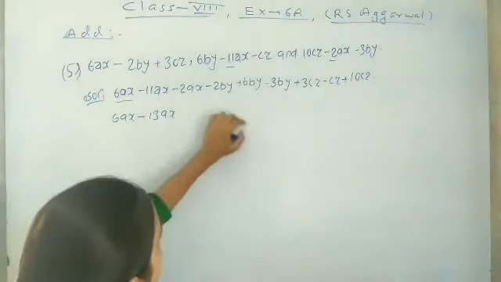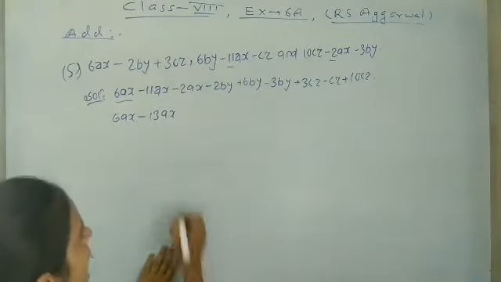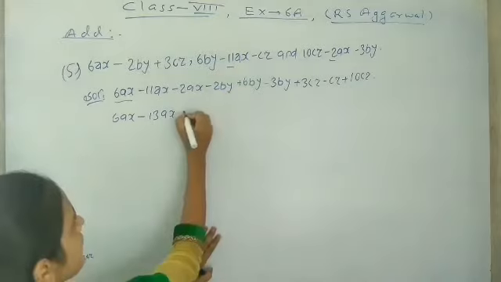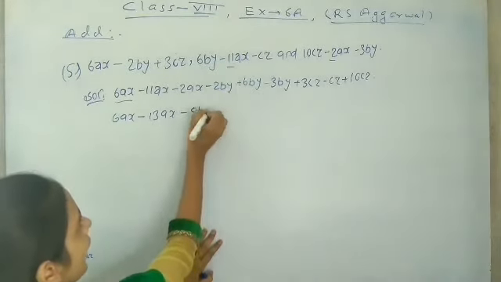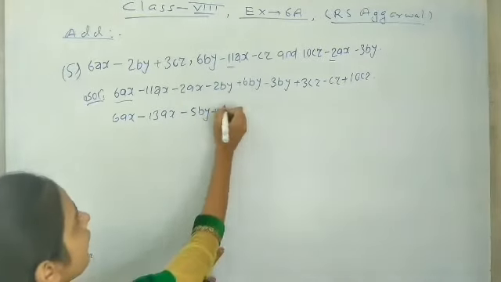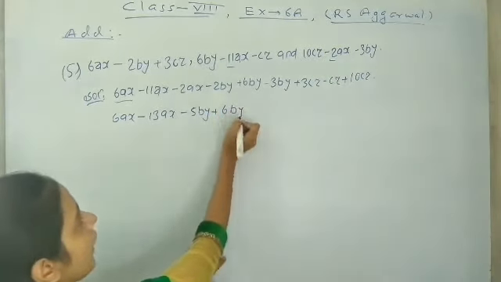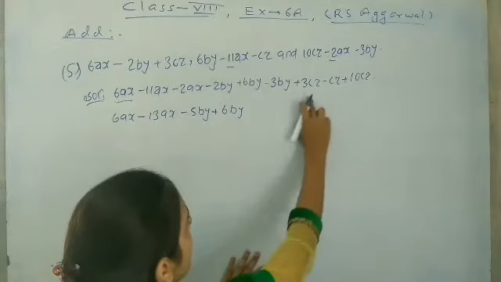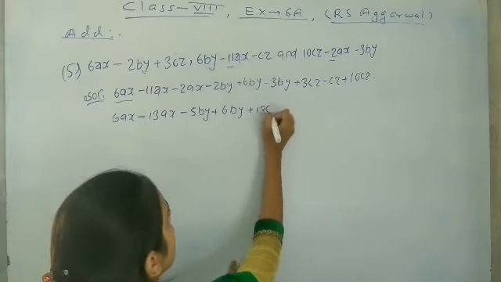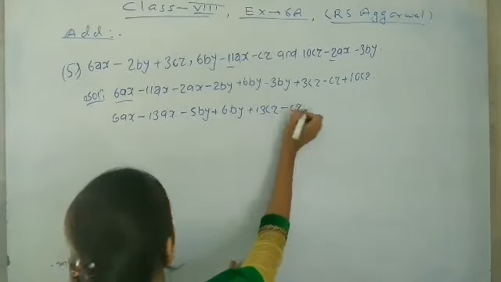And minus, here is minus, so minus minus plus, but the sign will be of minus 5by, and plus 9 plus 6by. And here z, plus, so plus 13cz minus cz.